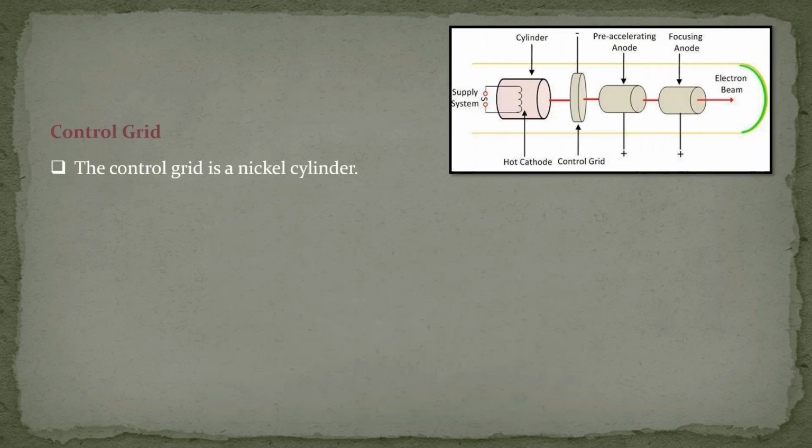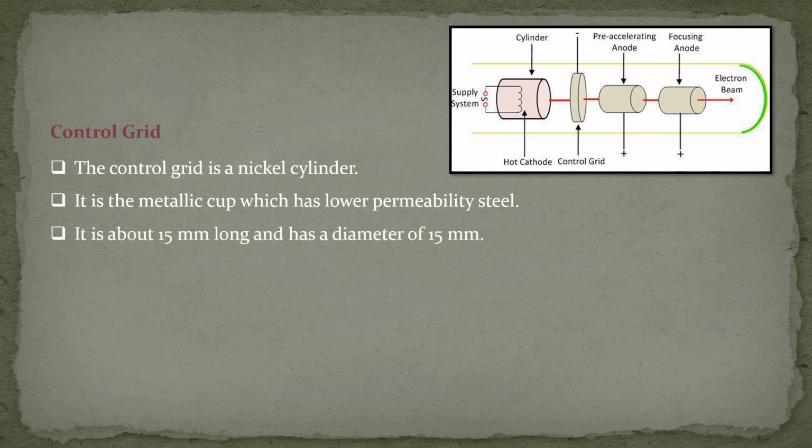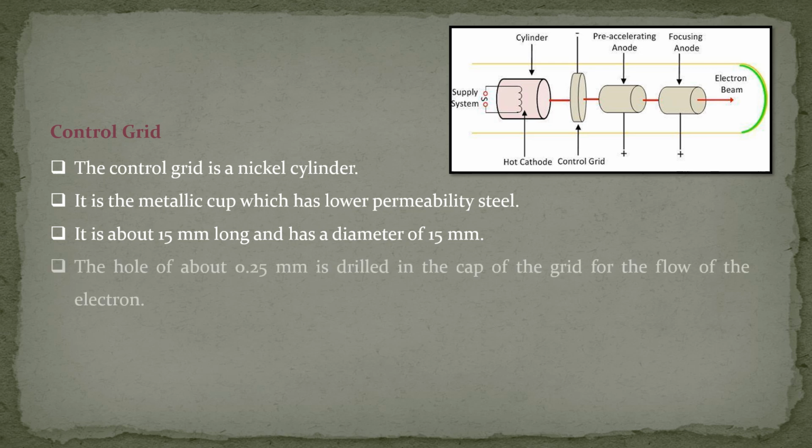Control grid. The control grid is a nickel cylinder. It is a metallic cup made of low permeability steel. It is about 15 mm long and has a diameter of 15 mm.